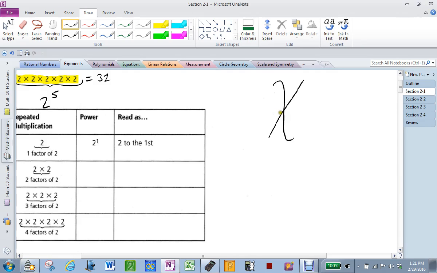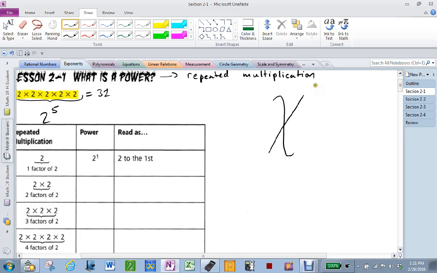Cool? Yeah. All right. And then we're going to draw another little letter here, a Y. Again, it's a letter, so it can be what? Any number. Now for you guys in grade 9, this number is always going to be positive, and it is always going to be whole.